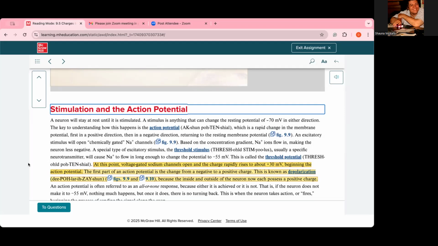This is called the threshold potential. The first part of an action potential is the change from a negative to a positive charge. This is known as depolarization because the inside and outside of the neuron now each possess a positive charge.